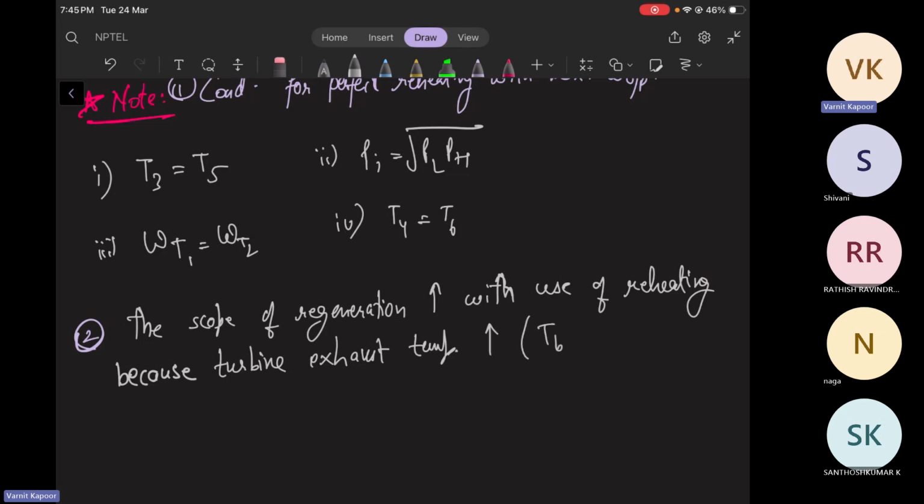That is, T6 is greater than T4 dash. So your heat supplied will decrease eventually when you do the regeneration.